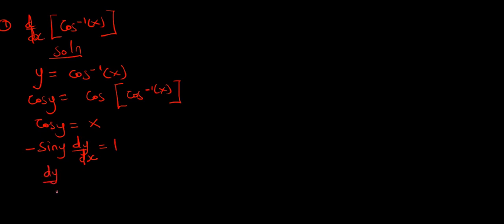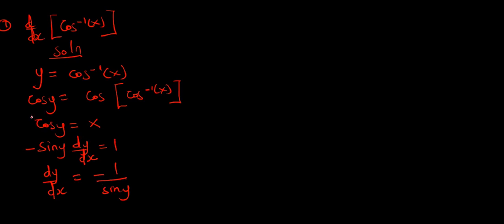Now let's make dy over dx the subject. We get negative 1 all over sine y. So that's our final answer. But mind you, we have the expression in terms of y instead of x, so we have to find an expression for sine y in terms of x.